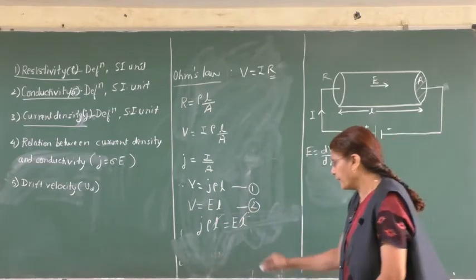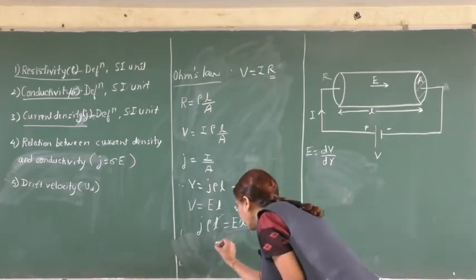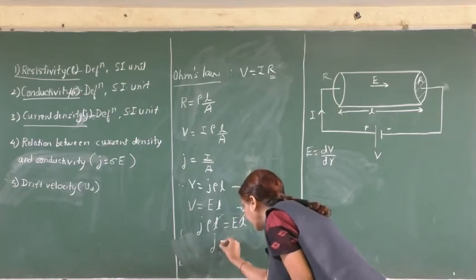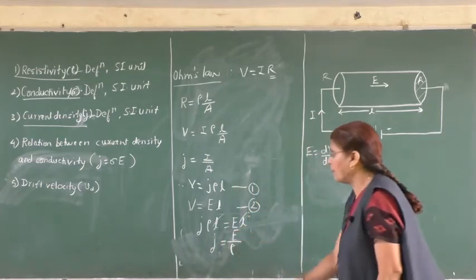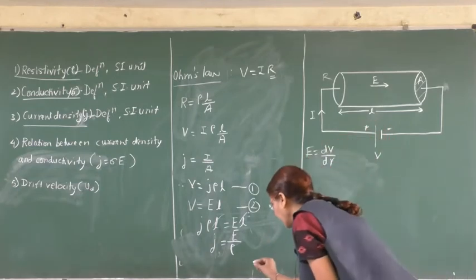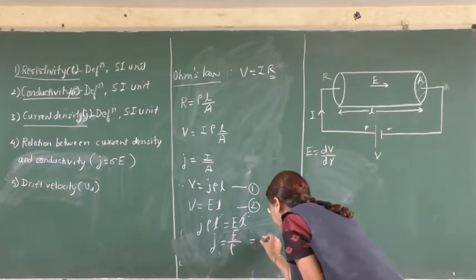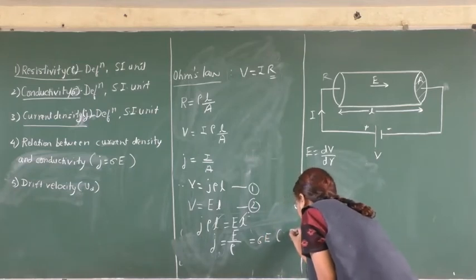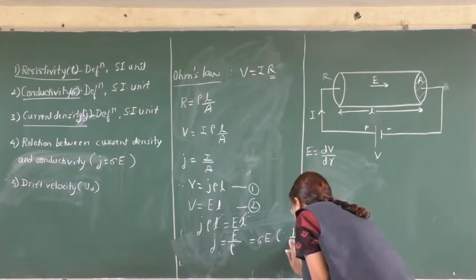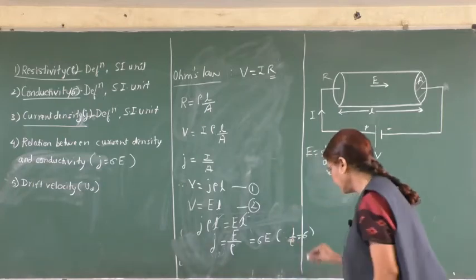So we have an equation J rho is equal to E, or let us take rho on the other side. So we shall write E upon rho. But 1 upon rho is conductivity. Therefore, we can write this is equal to sigma into E, since 1 upon rho is sigma.